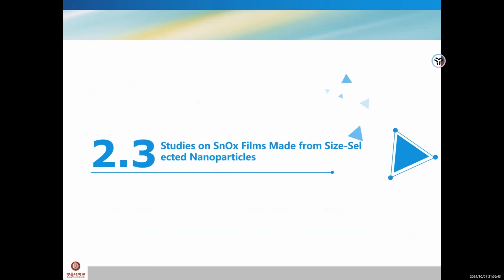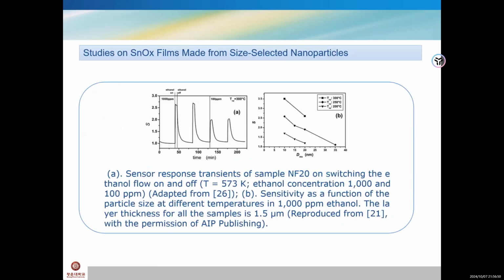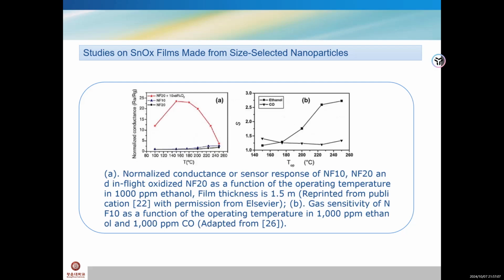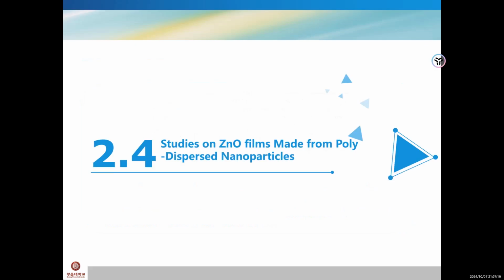And point 3, studies on SnOx films made from size selected nanoparticles. So there are 2 diagrams about some changes in time and length and sensor response and sensitivities. And there are some images about the other features, temperature and gas sensitivity.